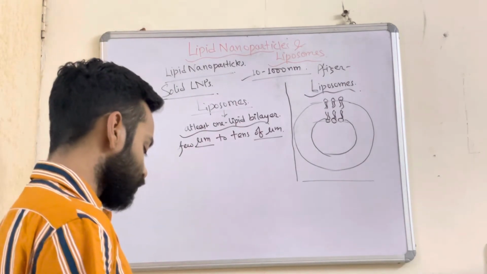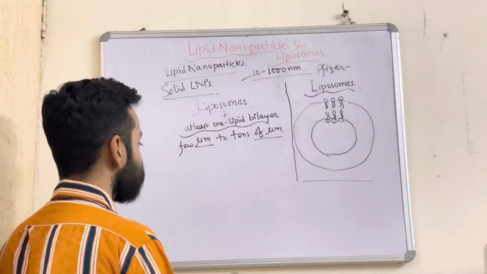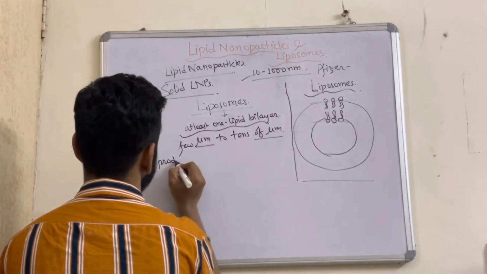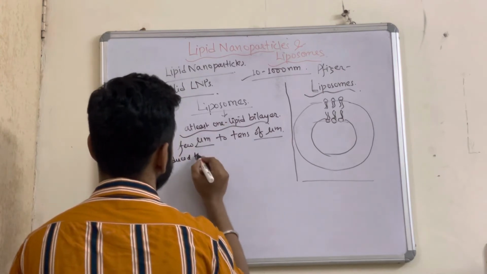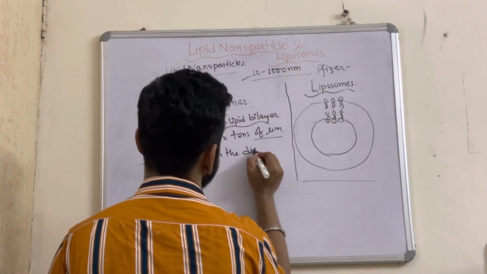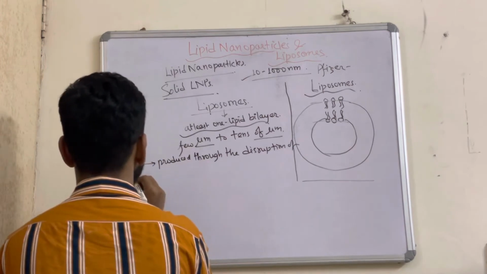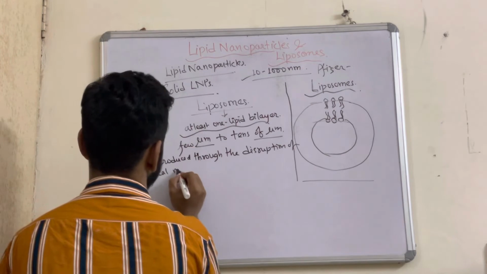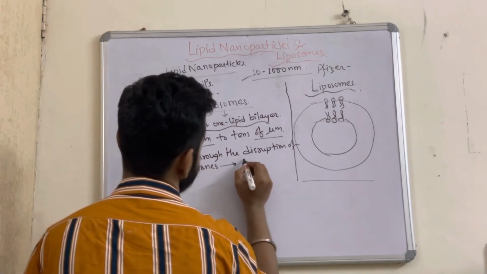Liposomes can be produced through the disruption of biological membranes, such as by ultrasonication.